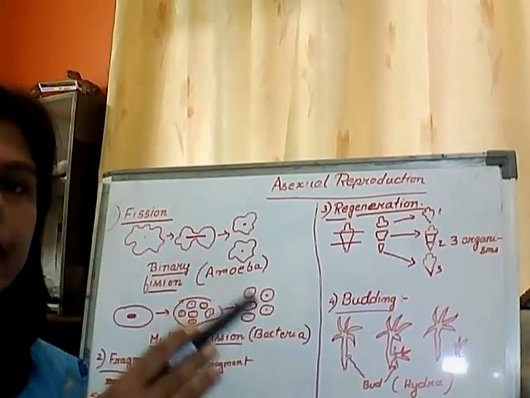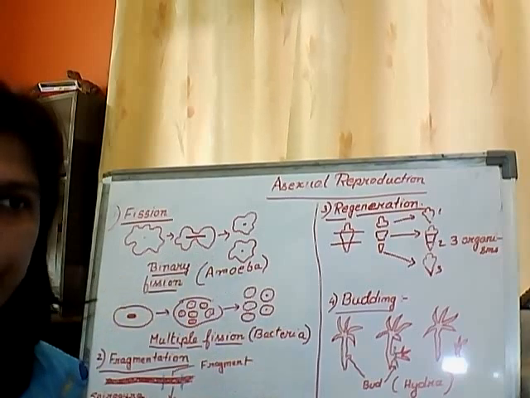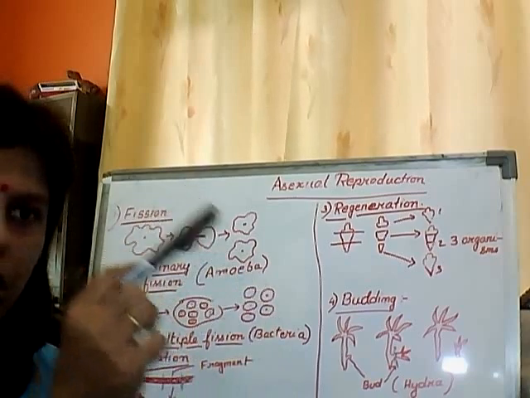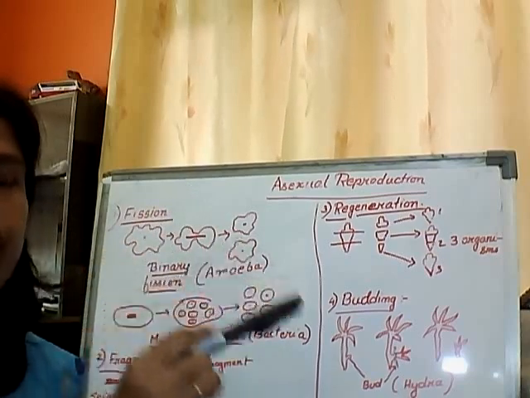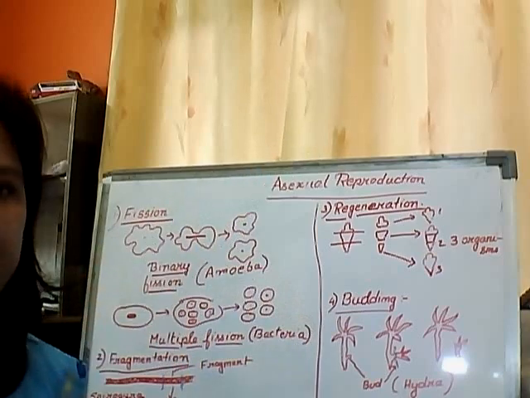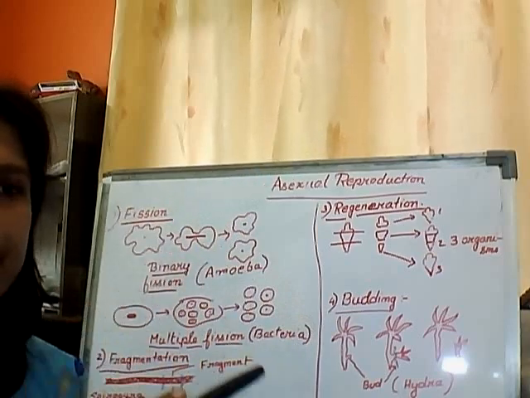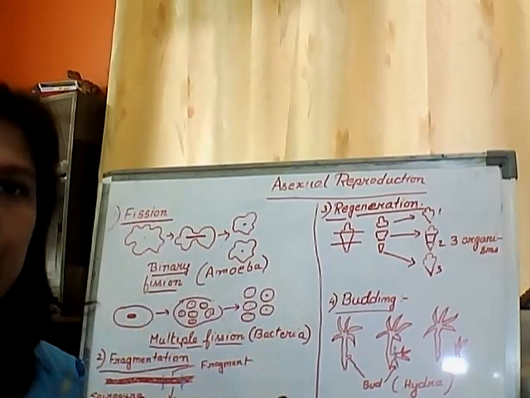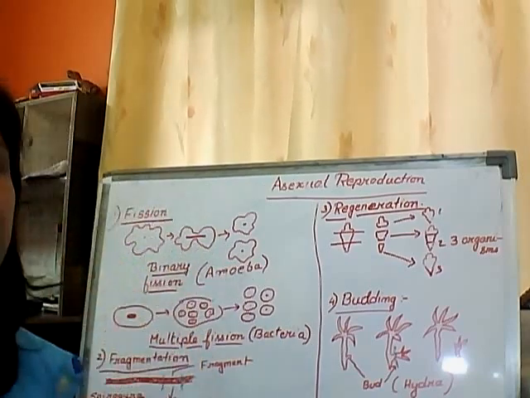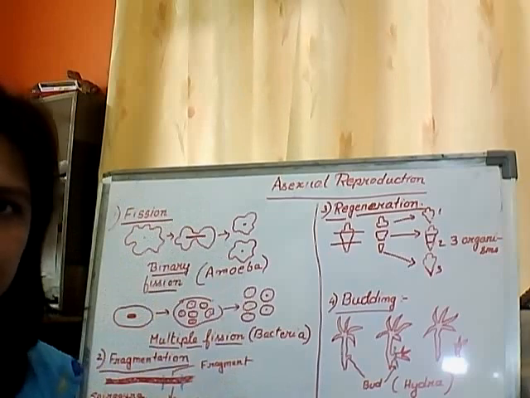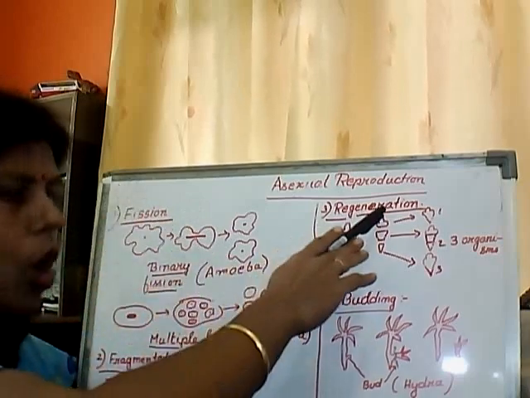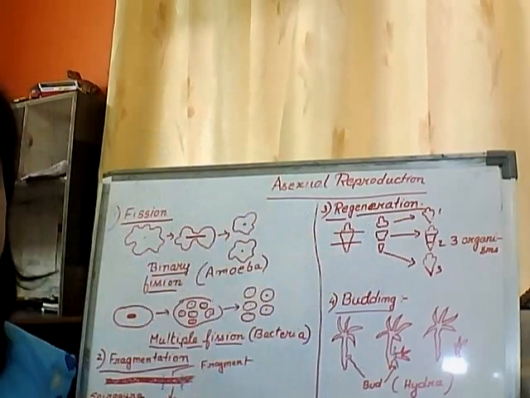In lizard, when the tail is lost, that lost tail again regenerates, but from that lost piece of tail it never gives rise to a new lizard. So that's why in lizard it is not a regeneration process. Similarly, many other examples are there in higher organisms where this process is common, but it is not an asexual reproduction.